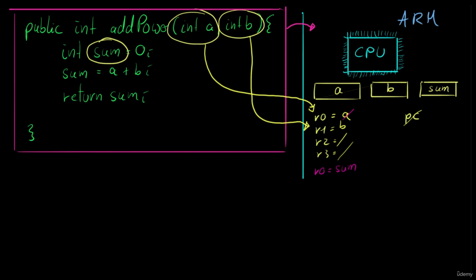Then the CPU is storing the first 4 parameters in those registers, R0, 1, 2, and 3, and the others are being pushed onto the stack. The stack is the program memory, so this one over here. This one is the stack, and this is then holding the other parameters. So they get pushed into the memory. That's the memory.